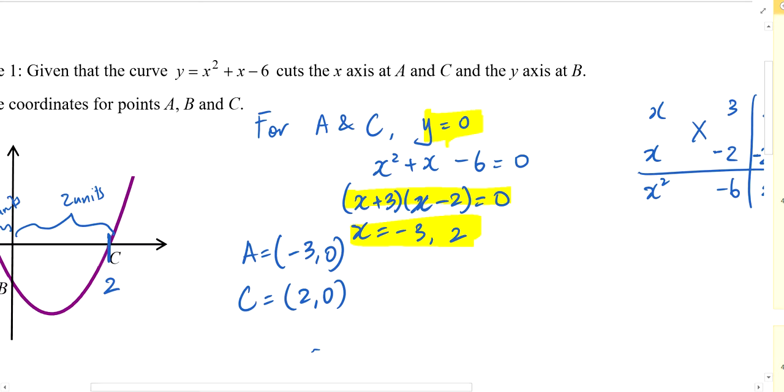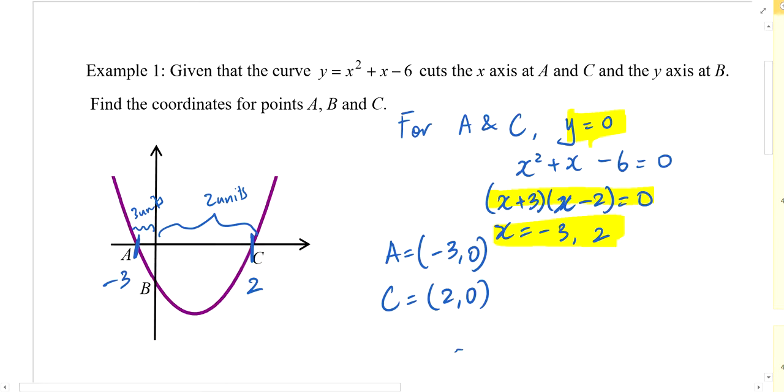So now, we still need to find the B coordinates. What is so special about point B? Yes, at B, x equals 0. Therefore, y equals, do you need to do substitution or can you just tell me the answer?